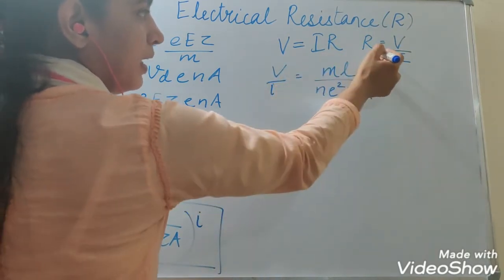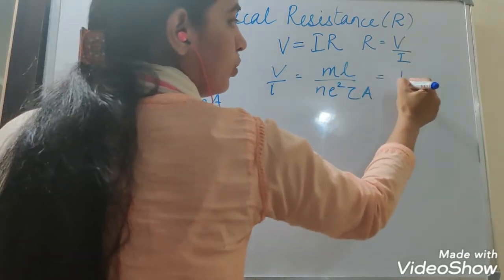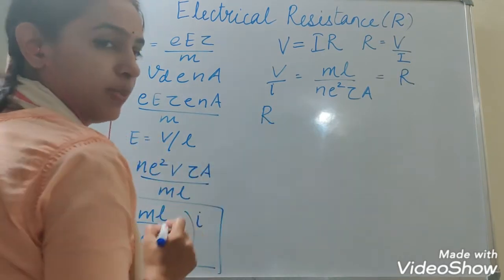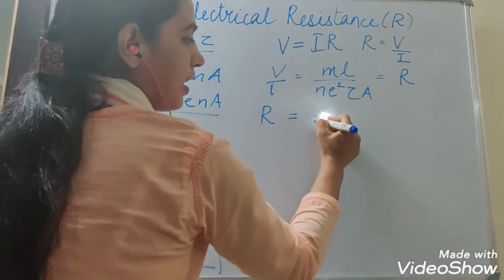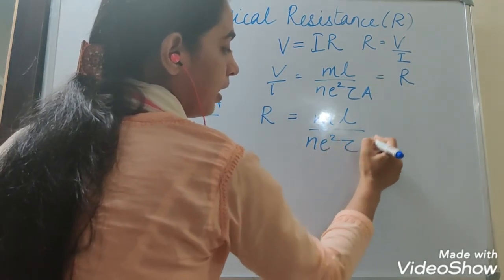Comparing V by I and V by I, we get this is equal to R, the electrical resistance. So now we have the expression for electrical resistance R as ml upon n E square tau A.